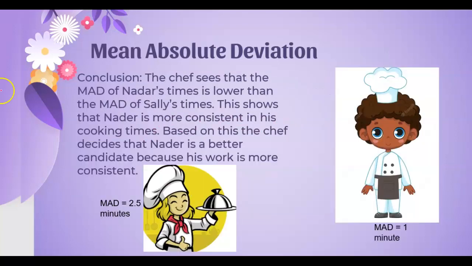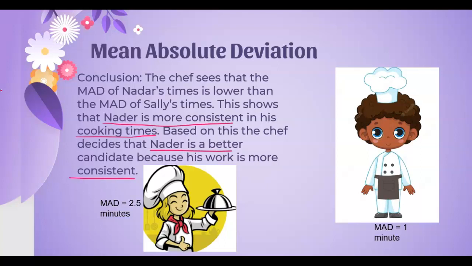Well, the chef sees that Nader's MAD is lower than the MAD of Sally's times. This shows that Nader is more consistent in his cooking times. So based on this, the chef decides that Nader is the better candidate because his work is more consistent.